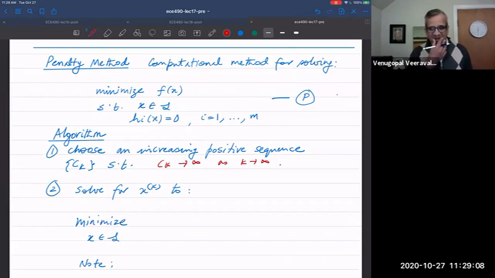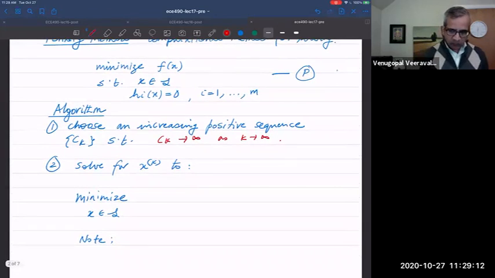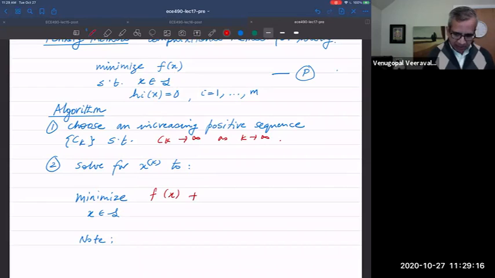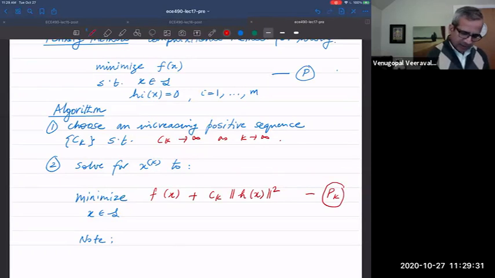And here we solve for xk to minimize f(x) plus ck times the norm of h(x) squared. Let's call that pk. So the original problem is: minimize f(x) with these constraints.